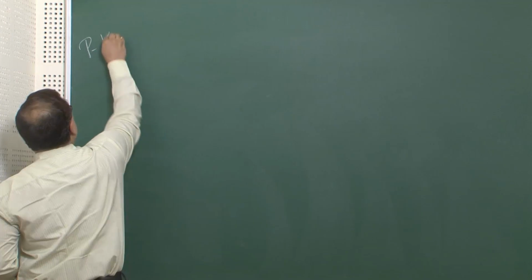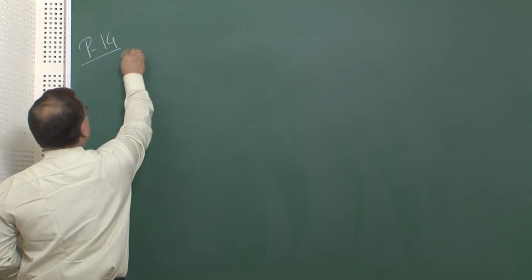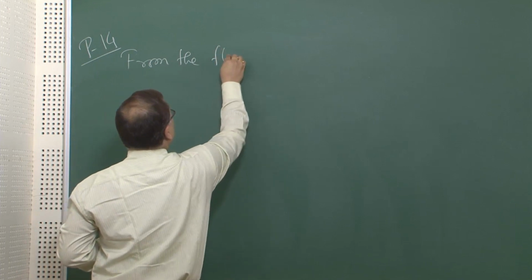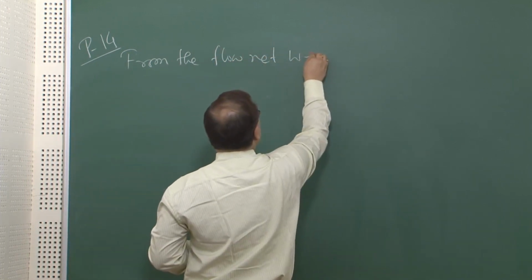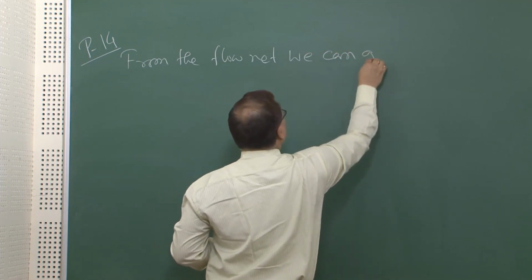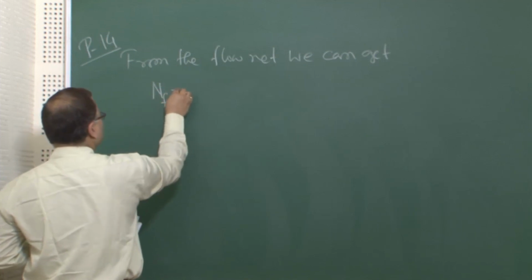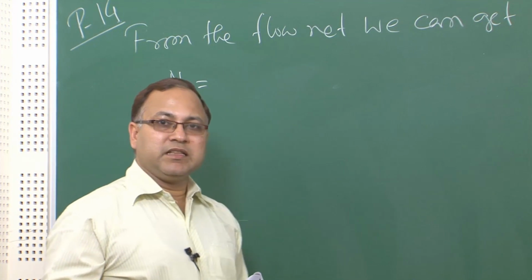Problem 14. As we have seen from the flow net, we can get NF, that is the number of flow channels. How many flow channels are there in the problem?